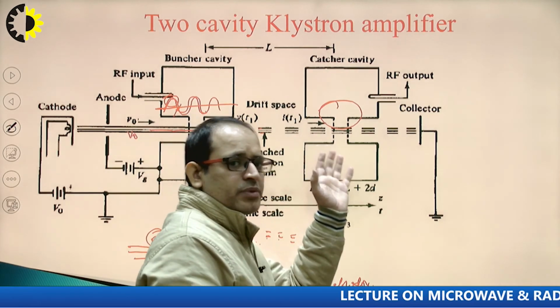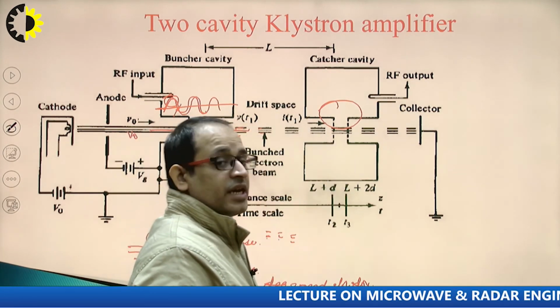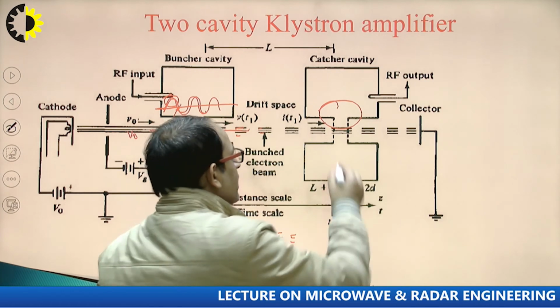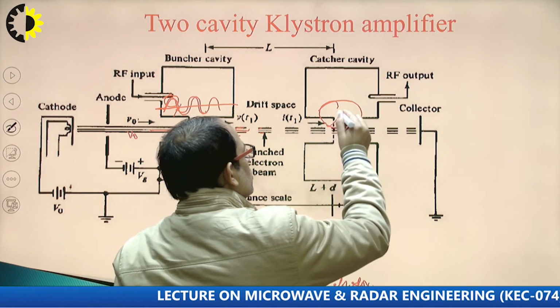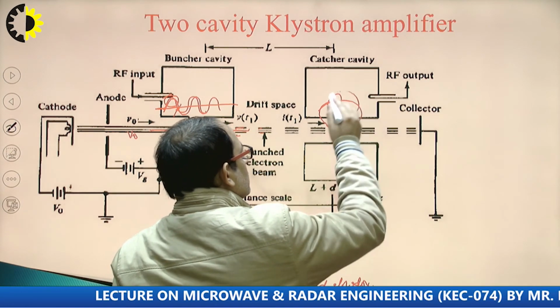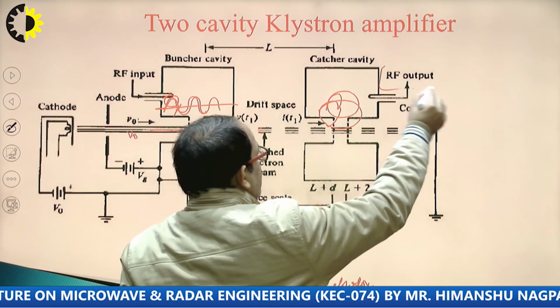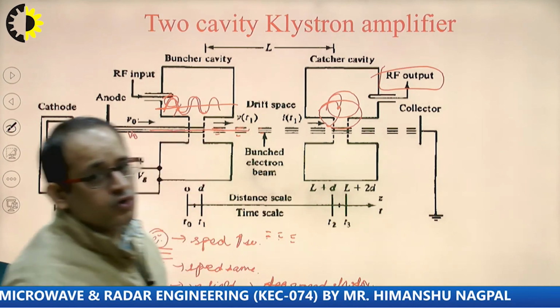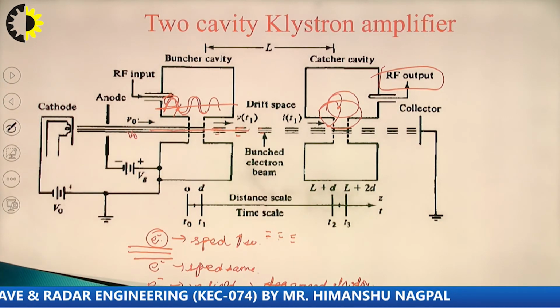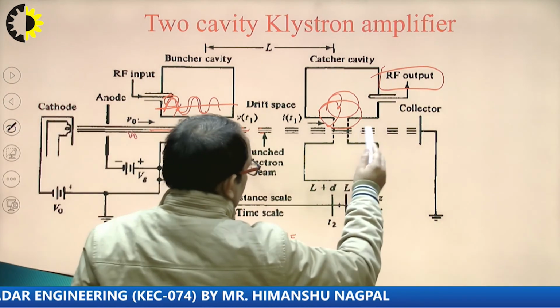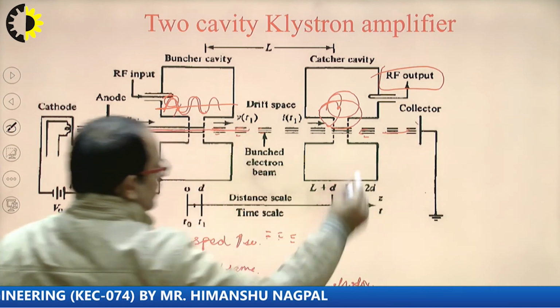We know the principle of conservation of energy: energy can neither be created nor destroyed. So when they lose their energy, the energy goes to the field of this catcher cavity, and there we get the amplified output, which has a very high frequency, and the rest of the electrons get collected by the collector.